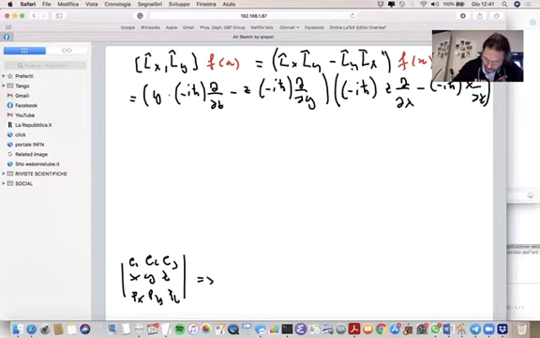to f, which of course I don't have room to write here, and then I have a negative of the same thing in the opposite order.